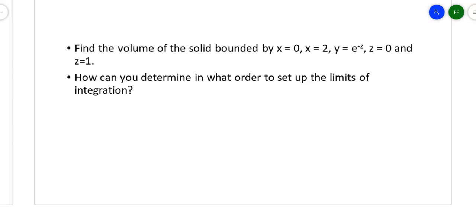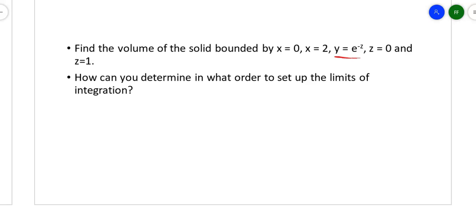All right, let's take a look at one more. This one says find the volume of the solid bounded by, I've got some x bounds, I've got some z bounds, and I've got a function. So when I go to set this up, I'm going to try to keep the most complicated part on the inside. So I'll integrate first with respect to y, because that's the part that has a function.